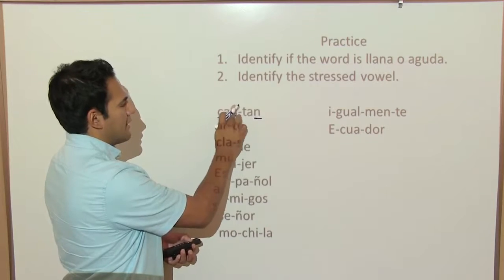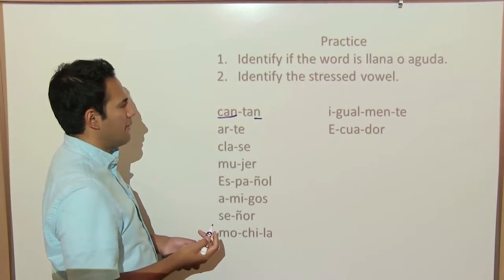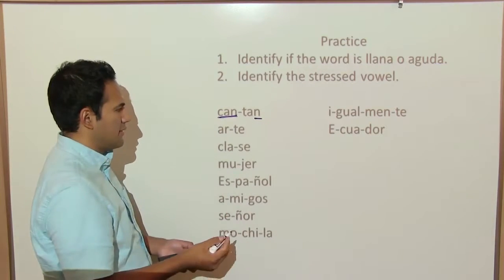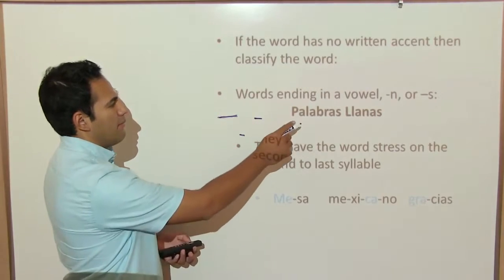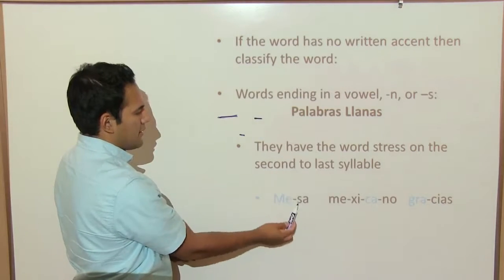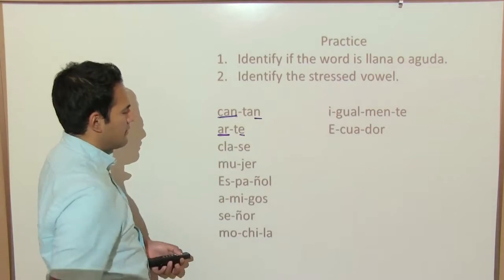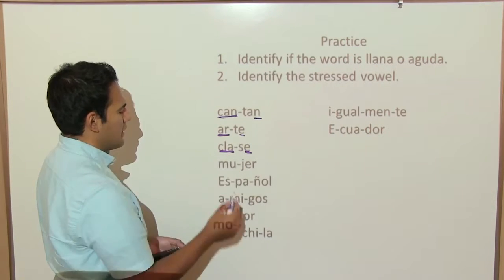We don't write an accent because it's a word without an accent. That's where we're going to do the stress. The next one ends with a vowel. We know that words ending in a vowel are llanas and they have the stress on the second to last. So it will be here again. Then we have another one, so it's going to be there.